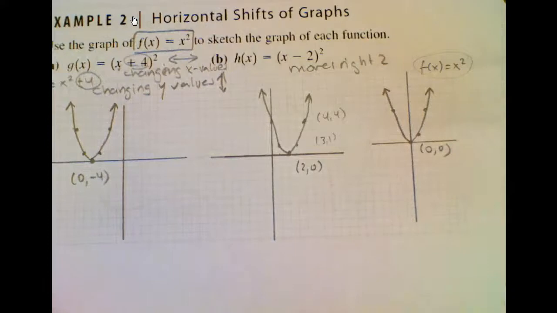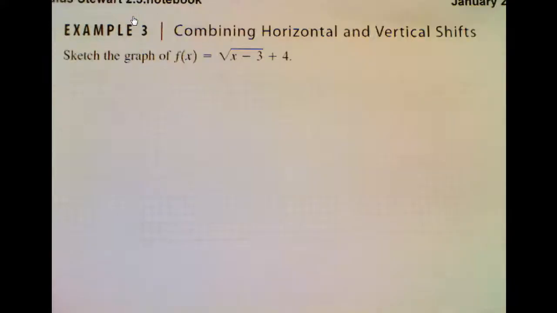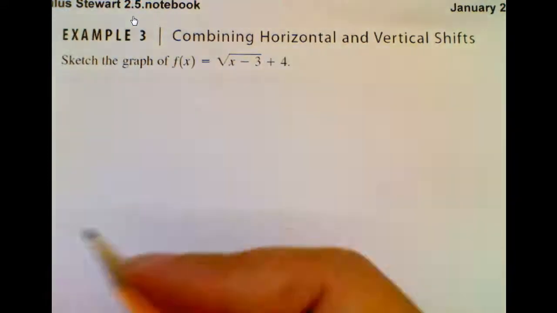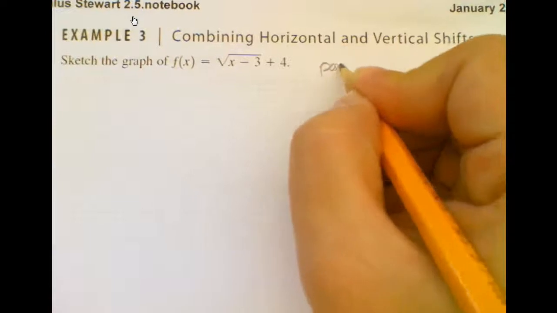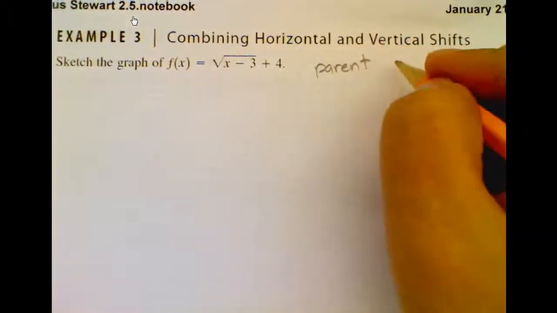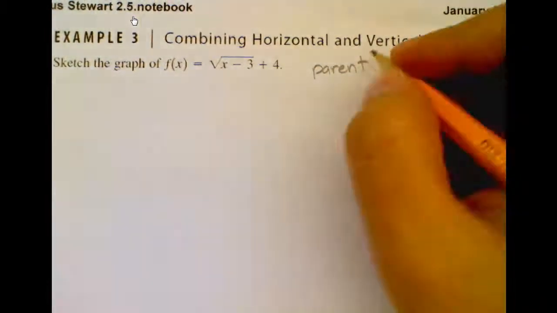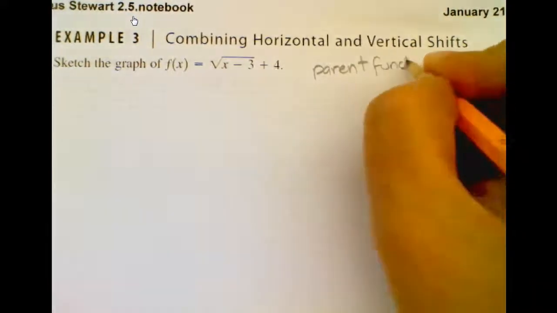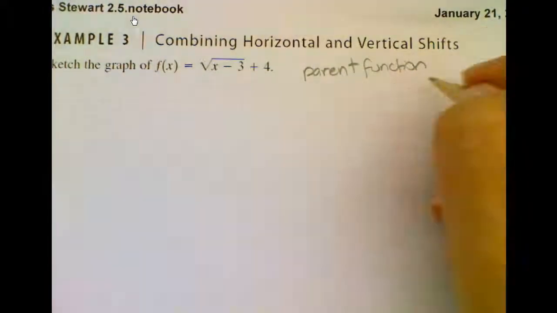So definitely very useful. So now I have here combining horizontal and vertical shifts, and it says sketch the graph of this function. Now the parent function has changed. We won't always graph x squared, but we're gonna study several functions over the rest of the year. So now the parent function, this is something that we have studied before.